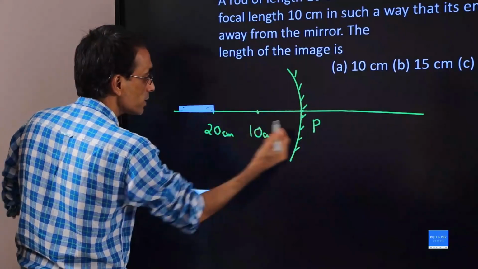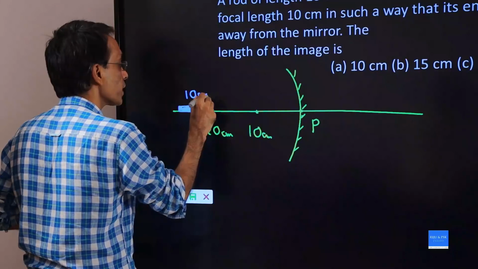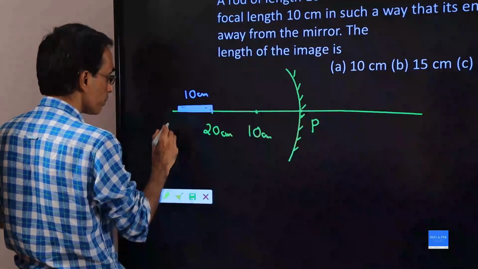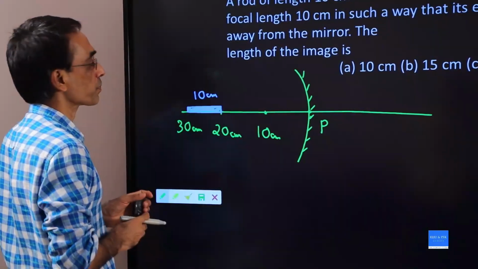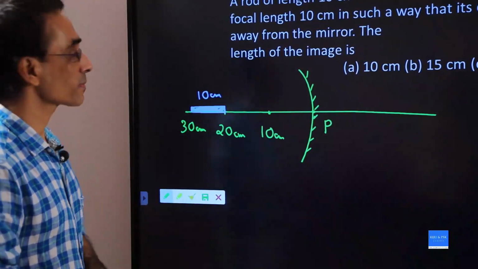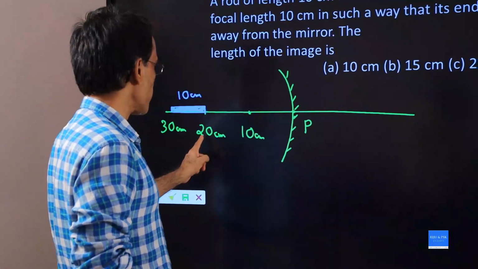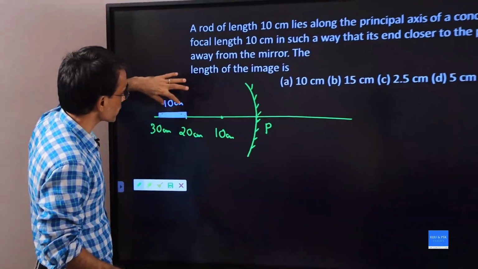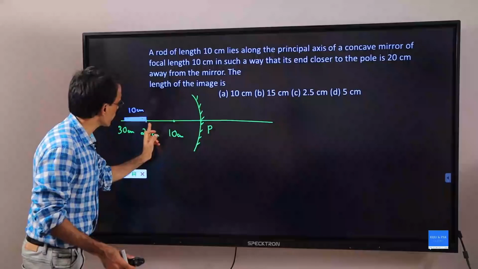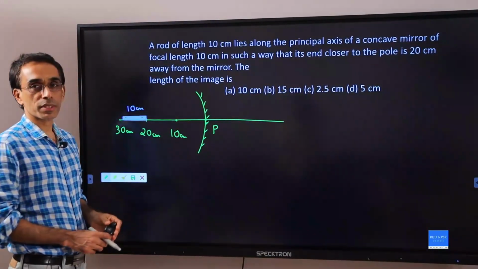So this end is at 20 centimeter, and the other end must be at 30 centimeter. This is the picture. Concave mirror, focal length 10, radius of curvature 20, object lying on the principal axis, length 10 centimeter, closer end 20 centimeter. So the farthest end must be 20 plus 10, 30 centimeter.